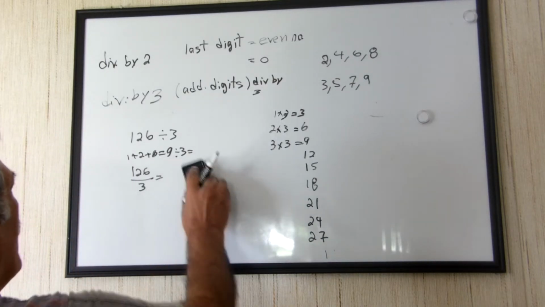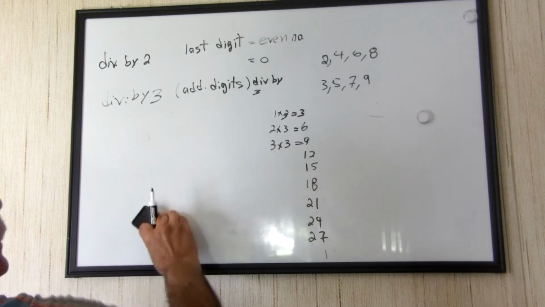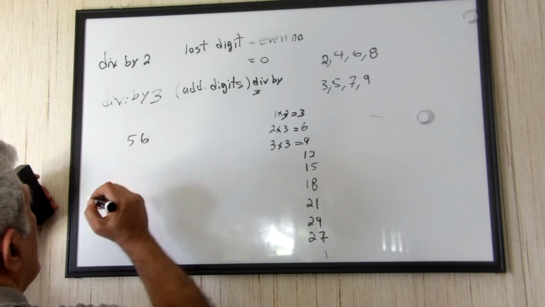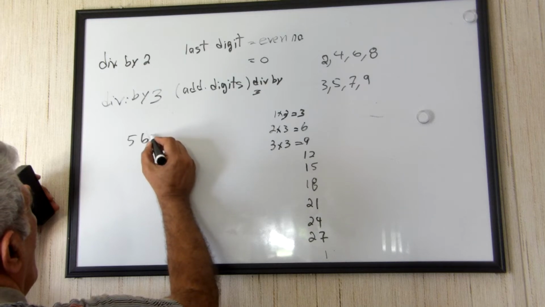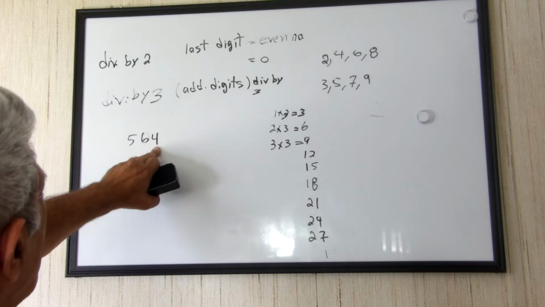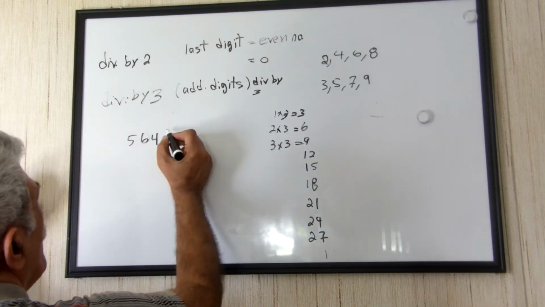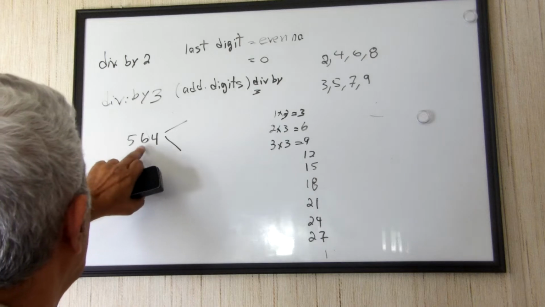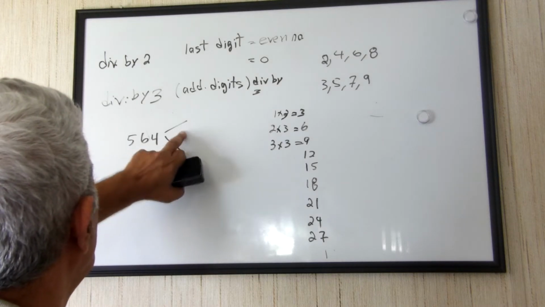I'll give you another example, and then it says 5, 6, 4. We can divide this one by 2, okay? We want to know what numbers are divisible by 2. But this number we can divide by either 2 or 3.